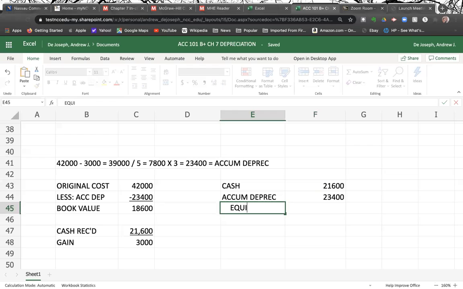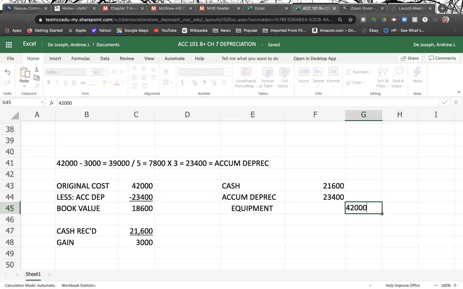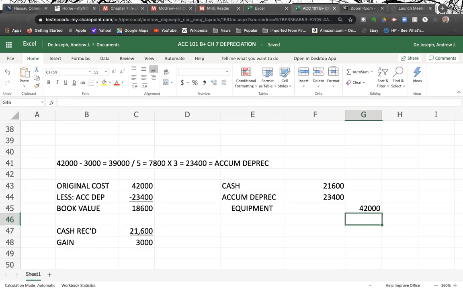I'm going to credit equipment for the original $42,000 cost. Now stand back and take a look at that. I have debits of 21,600 plus 23,400. That comes out to $45,000. I've got debits of $45,000 and only credits of 42. Therefore, I must need a credit of $3,000 to make that entry balance. Well, that's the gain.